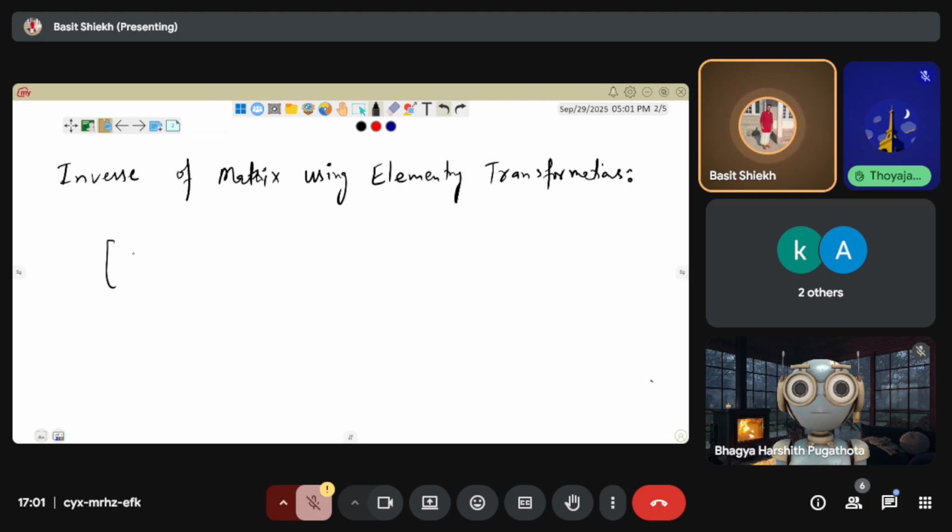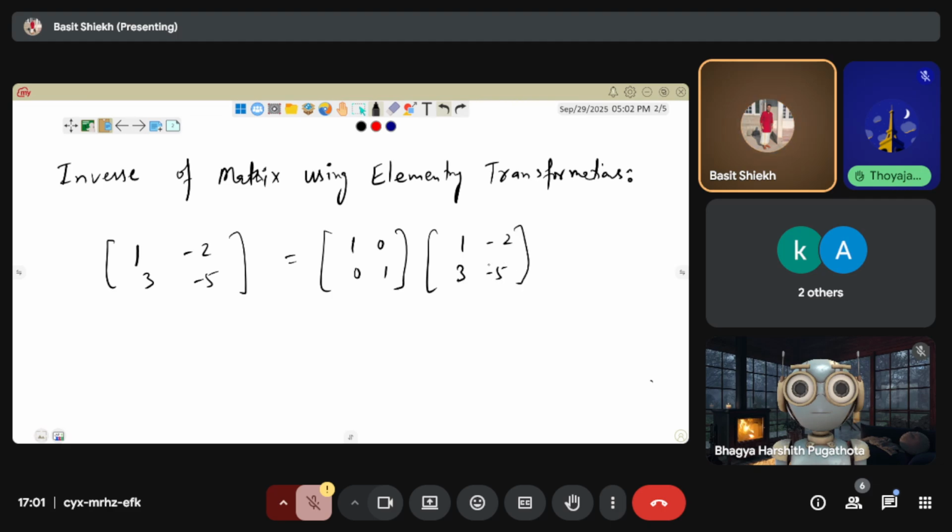Let's say this is our matrix A, 1 minus 2 3 minus 5, and here 1 0 0 1, and here 1 minus 2 3 minus 5. This is matrix A, this is matrix I of order 2 cross 2, and this is again A. I have written earlier X equal to AB.